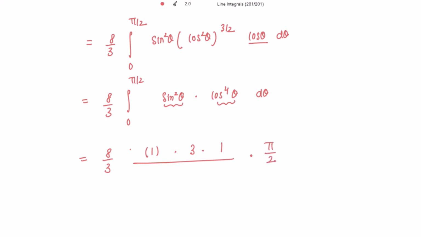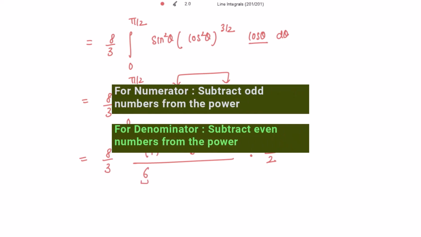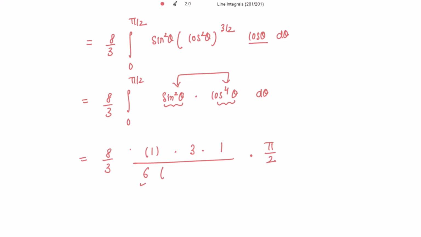Please remember this. Then for the denominator, we add the powers first. So 4 plus 2 is 6. And then from this addition of the powers, we need to subtract the even numbers. So subtracting even numbers from 6 now: 6 minus 2 is 4, 6 minus 4 is 2.